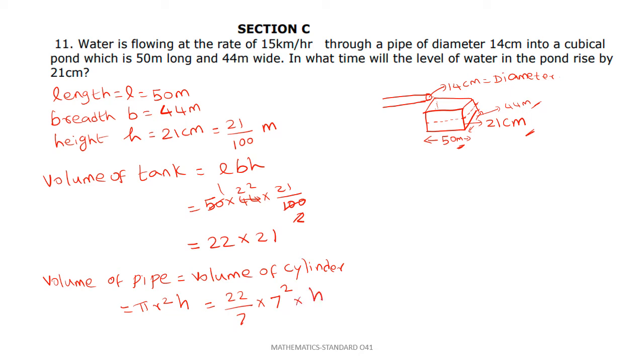So the radius will be 7 times h. And see here, this is also given in centimeter, but we want in meter. So when you convert it to meter, 7 by 100 into 100. Okay, hope you understood this step. Or maybe I can write in detail.